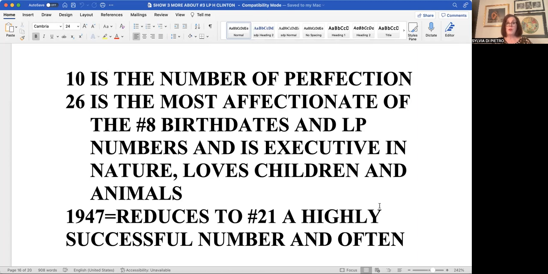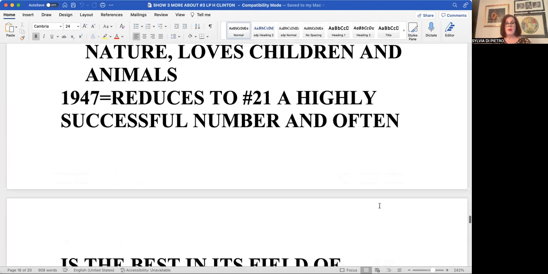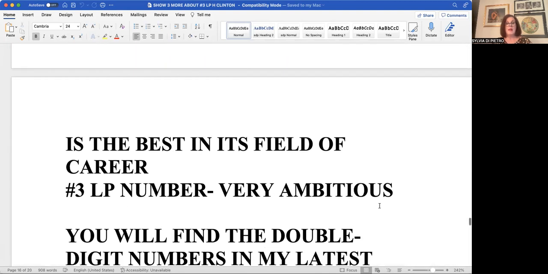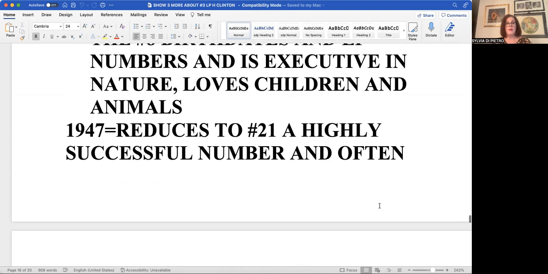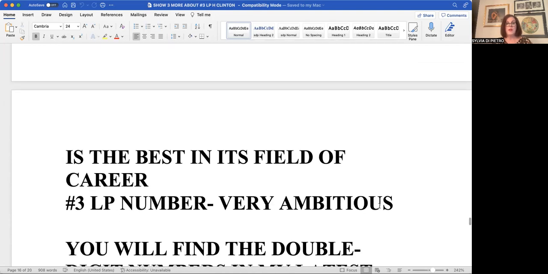It also has a very good financial pull to it. The number 10 is the number of perfection. And as I mentioned, the 21 coming off of 1947 is the best of what it does in any field. And that the number 3 life path number, her path of success, would be to be very ambitious.